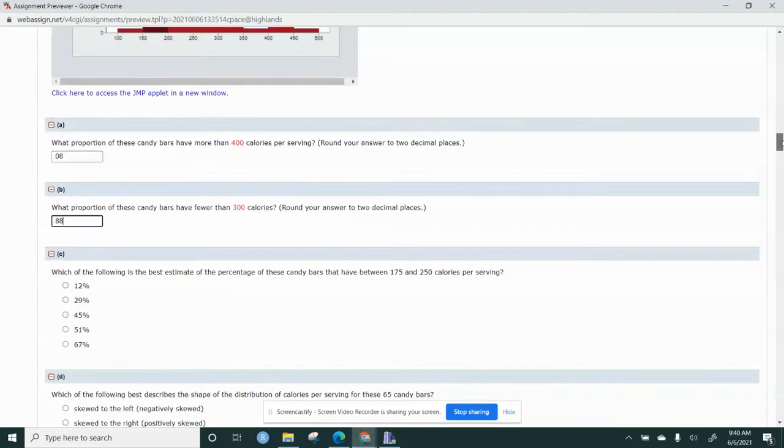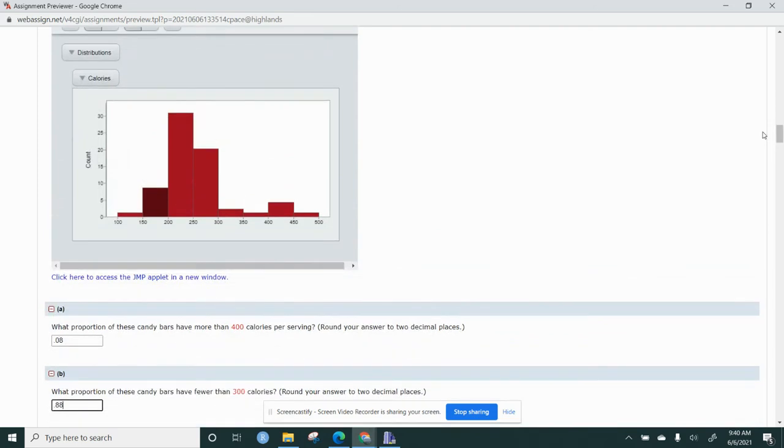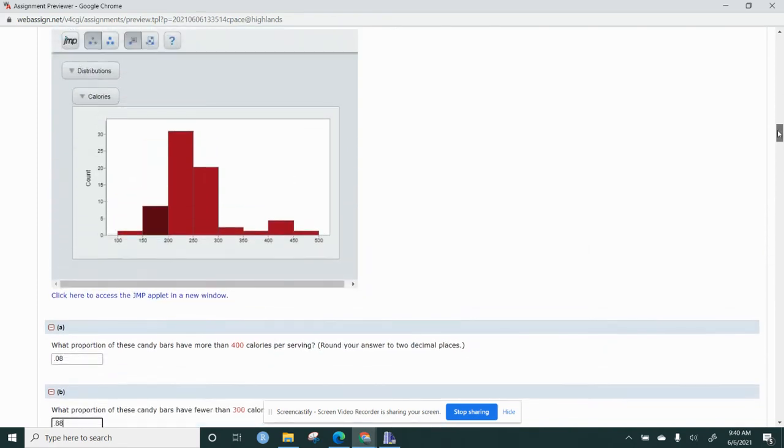All right. What does the last question say? What is the best estimate for the percentage of candy between 175 and 250 calories? So I want to know here, what did it say? 250. Okay. So I'm looking at this huge bar and part of this bar. This was 29.